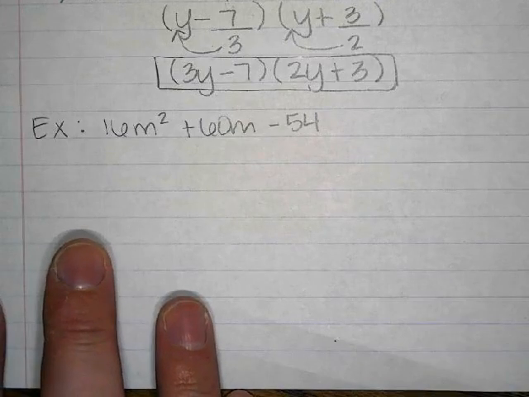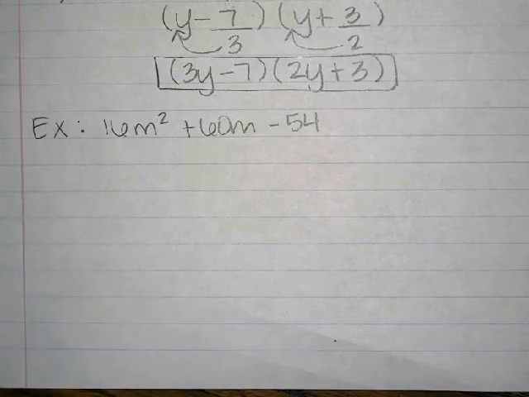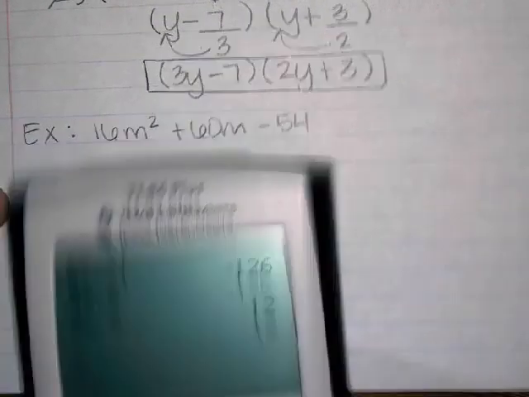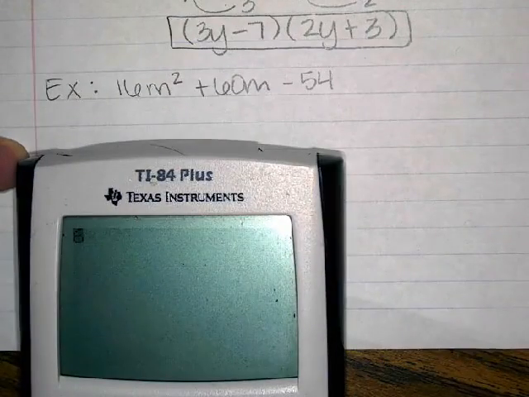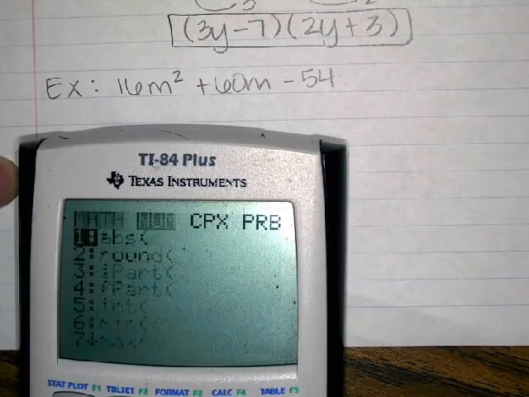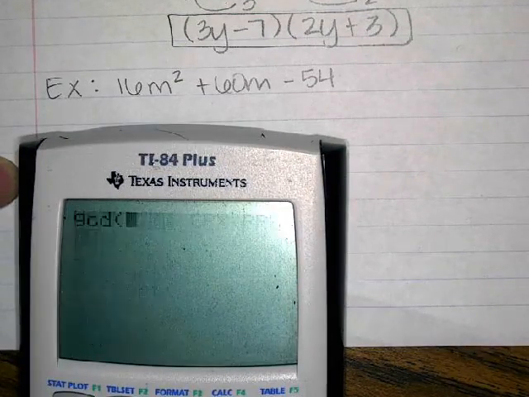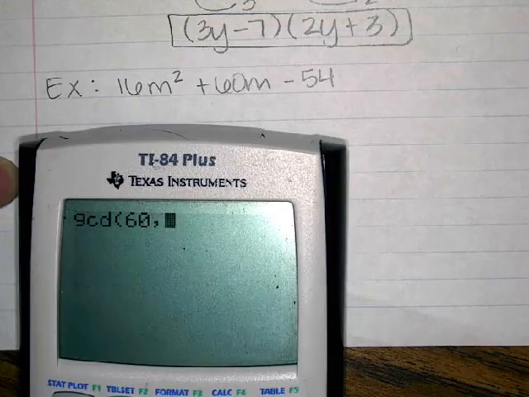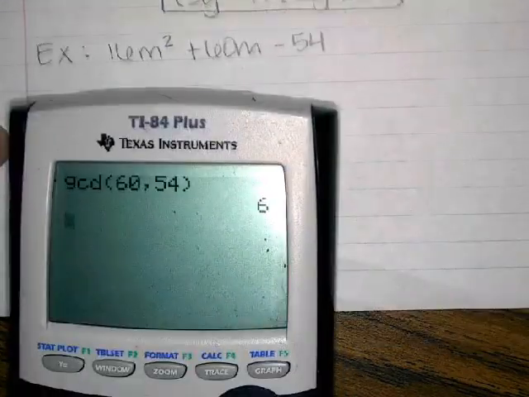Okay, so I know if I look at 60 and 54, I'm pretty sure that 6 is the GCF of 60 and 54. Yeah, but does 6 go into 16? It doesn't go into 16.